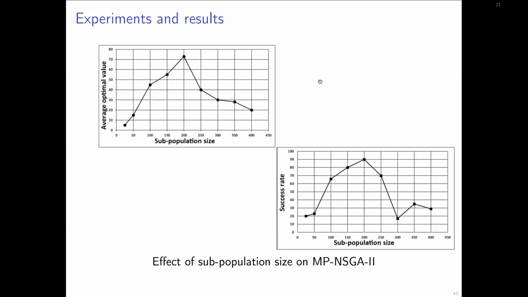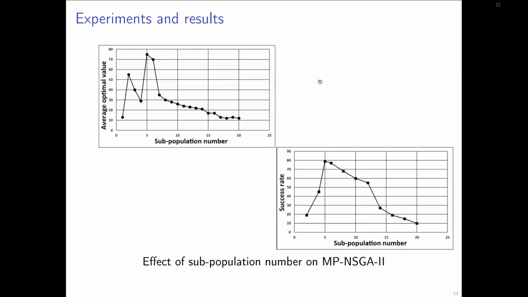For the size equal to 200, the MPNSJ2 performs the best. But as the size continues to increase, the performance of the genetic algorithm rapidly decreases. So, to obtain an improved MPNSJ2, the value of the size should not be too small or too large. 200 would be an appropriate choice.